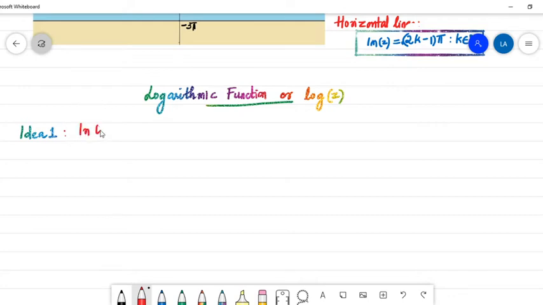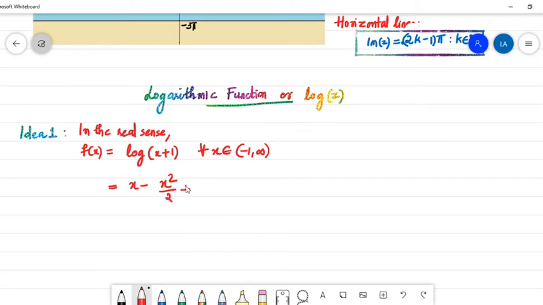In the real sense, we know that if we define f of x to be the natural logarithm of 1 plus x for every x belonging to the domain where it is defined, that is equal to x minus x squared by 2 plus x cubed by 3 minus x raised to 4 by 4 plus etc., or generally it is written as summation n equals 1 to infinity of minus 1 raised to n plus 1 into x raised to n by n.